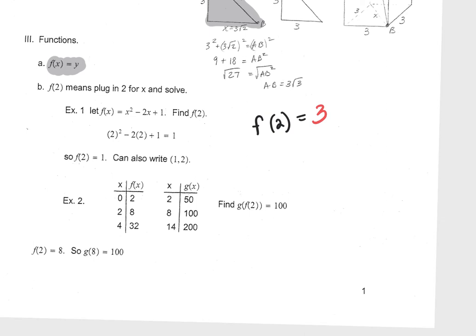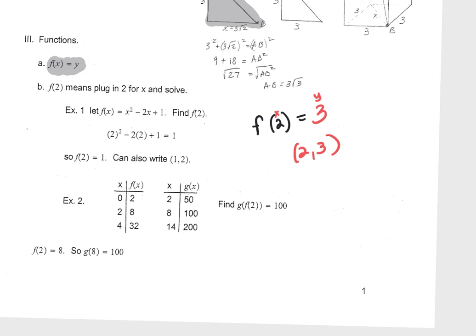What's inside your parentheses is the x coordinate, and then f of whatever is the y coordinate. So really all this is a coordinate point that is (2, 3), and it will disguise it in function format, which is super confusing. So think about it being f of x: whatever's inside the parentheses would be the x, and whatever f of x equals is your y. So they can give you a point like that.